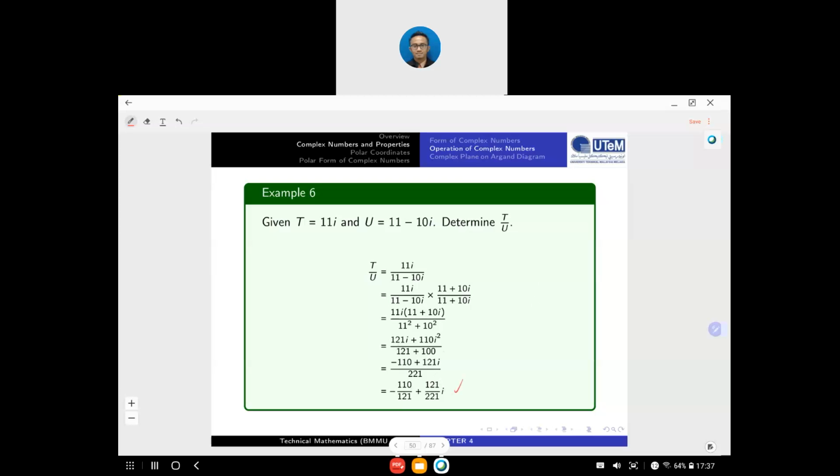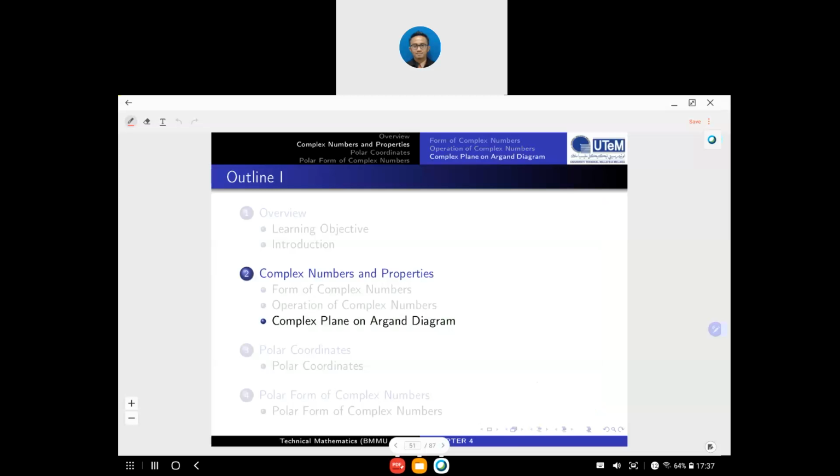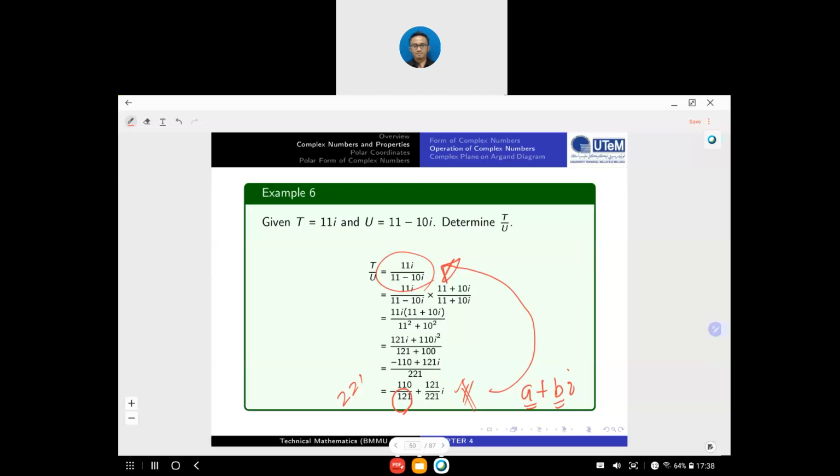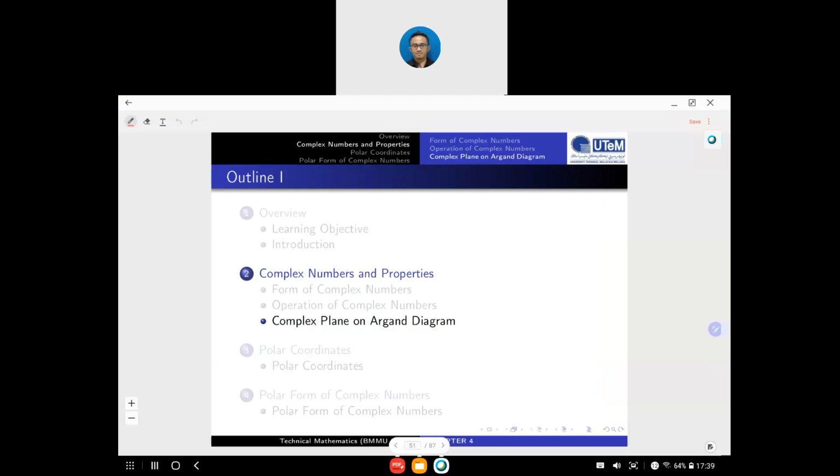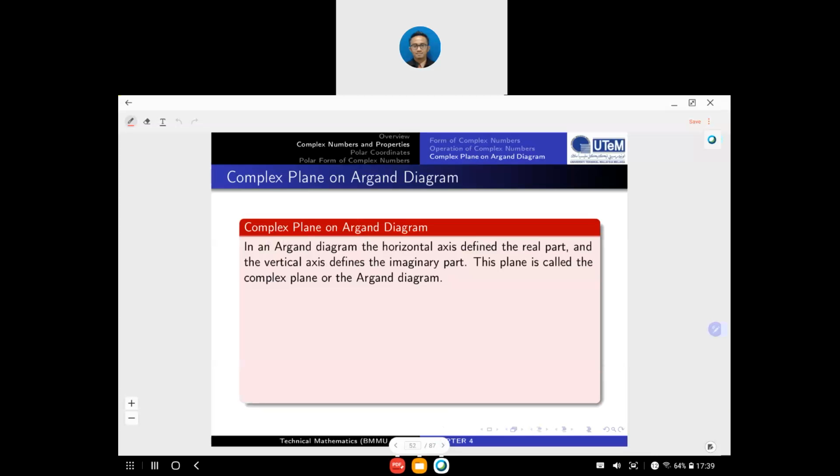Okay, now look at the example. If Z1 equals 2 plus I and Z2 equals 1 minus I, find Z1 plus 2Z2. So this one you must times by 2Z2. We can get Z1, 2 plus I, plus 2 times Z2, 1 minus I. Before you get the answer, you can simplify this first.